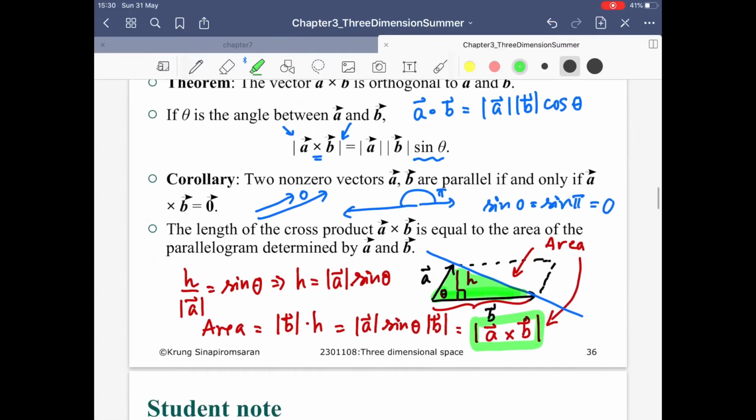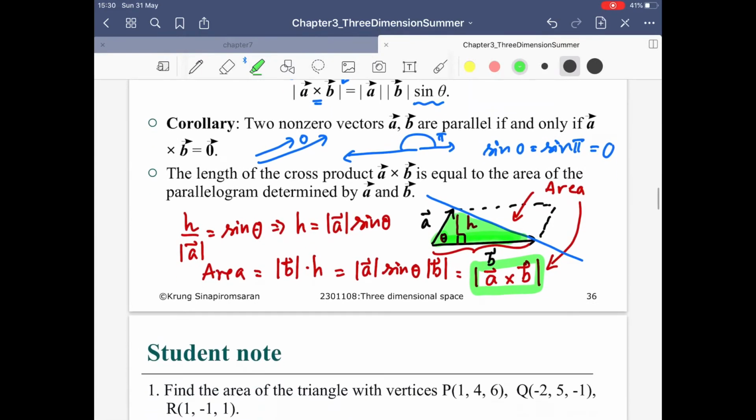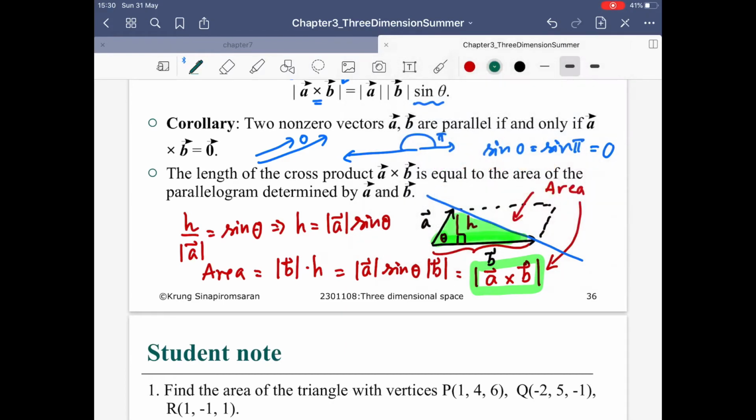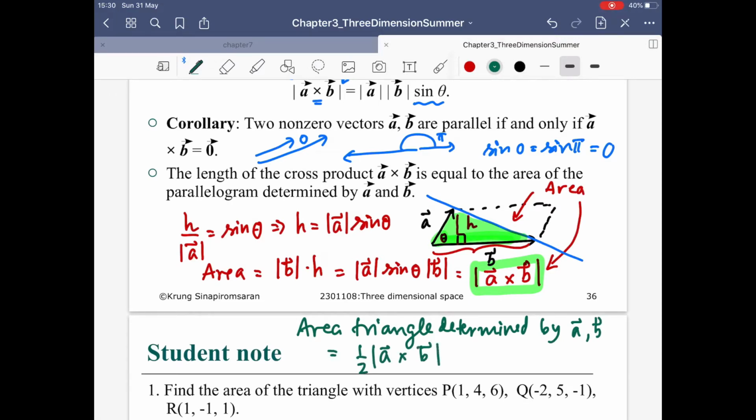Let us write it down using the green one. So the area of the triangle determined by A and B is 1/2 of the magnitude of A cross B, because of that green area.